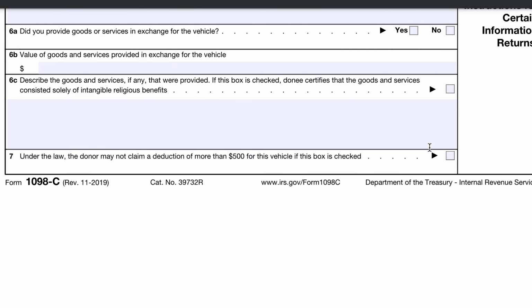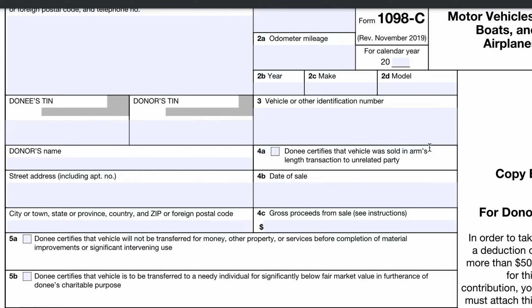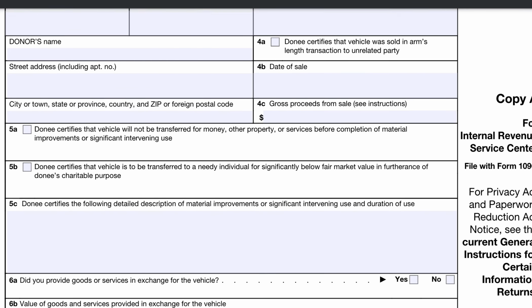You will probably need to have this form at the ready in your records so that you know exactly how to complete your Schedule A. And if there's something that's inconsistent with what you believe your contribution to be, then you can settle that with the charitable organization as you're completing Schedule A. If your donation is more than $500, you should be expecting this to come to you.